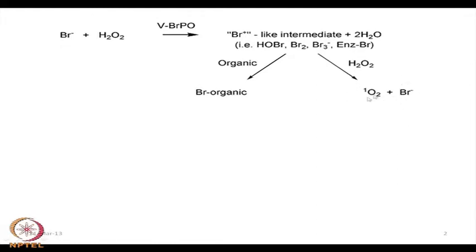If we want to produce some amount of singlet oxygen, what we all know is that the molecular oxygen in the ground state, which is available in nature in air, is all triplet oxygen. But for some transformations we want to convert the triplet oxygen to the singlet one. So, this reaction also goes for the conversion of triplet oxygen to singlet oxygen, and Br is generated as Br minus again.